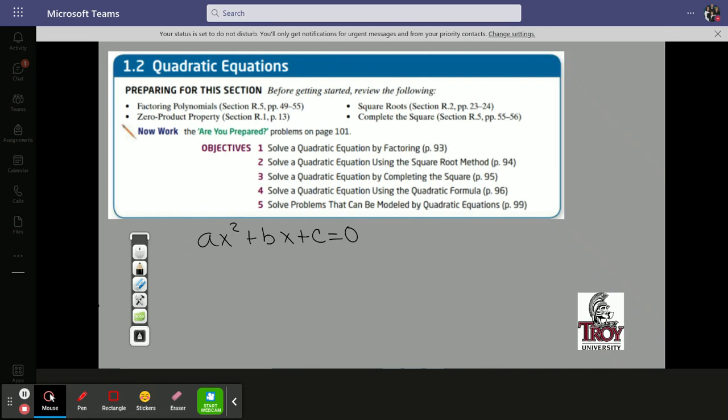So what I'm looking for when I'm finding my two answers here, I'm looking for the x-intercepts. And you know that when you're crossing the x-axis, y equals 0. That's your x-intercept. That's what you're looking for when you set this equal to 0.